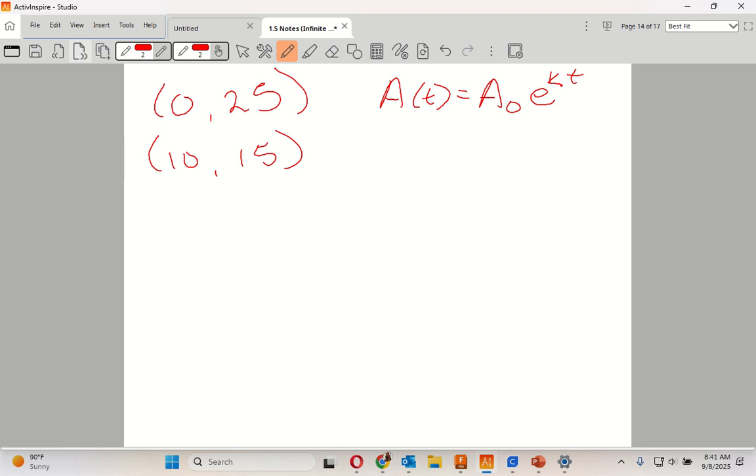Now, we have 2 known values. So this is going to help us out. We have to find what the rate is in between these 2 points. So it's basically we're finding the slope of a line in between these 2 points. But my slope is not just like a regular y equals mx plus b. It is a crazy equation.